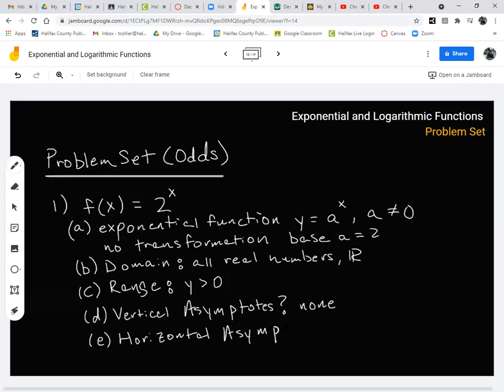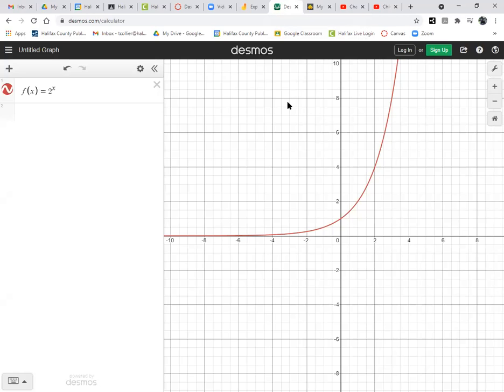Well, it turns out that we do. And I'll show you what the horizontal asymptote is when we go back to the graph. So looking at the graph here, the horizontal asymptote is going to be x equals, well, actually y equals 0. Because this is the x-axis, right?